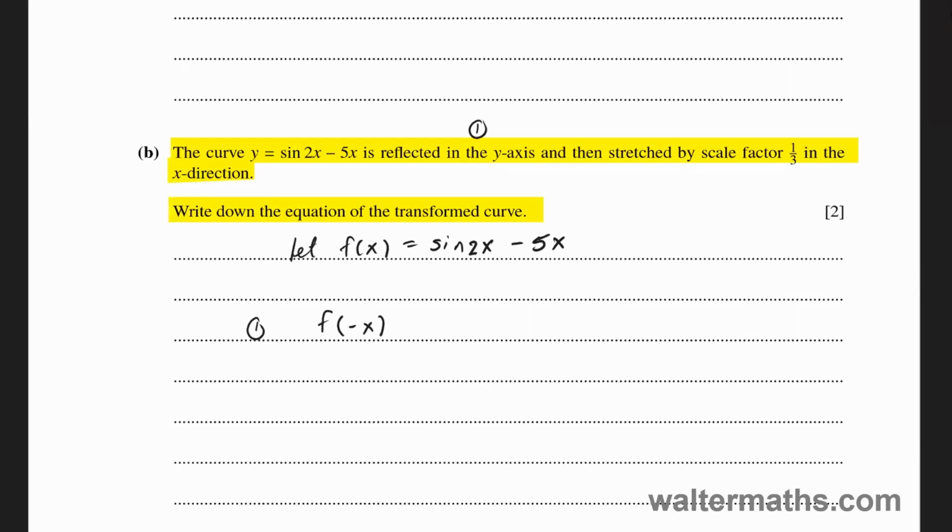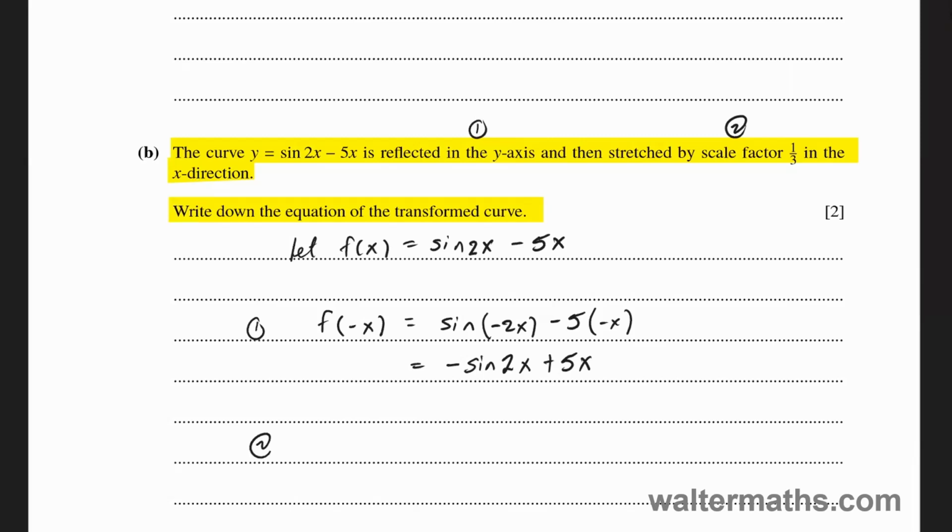That's how we represent a reflection in the y-axis, which basically is sine of negative 2x minus 5 of negative x. So basically, sine of negative 2x is like minus sine 2x, and that's plus 5x. The second transformation is a stretch of scale factor a third.